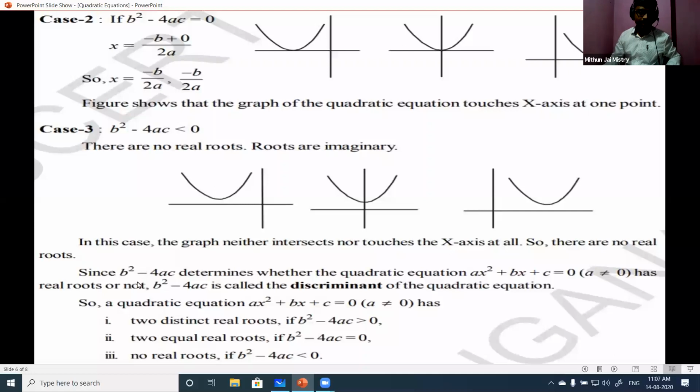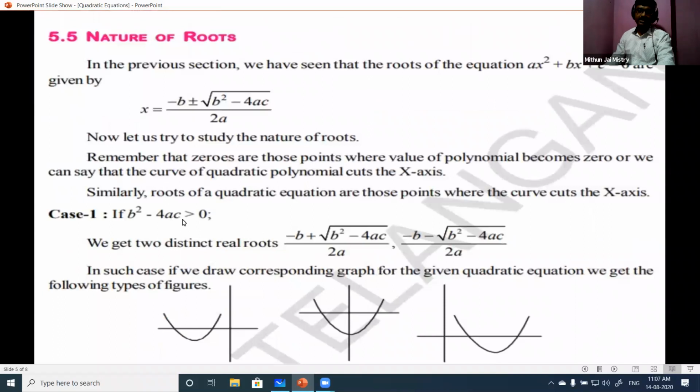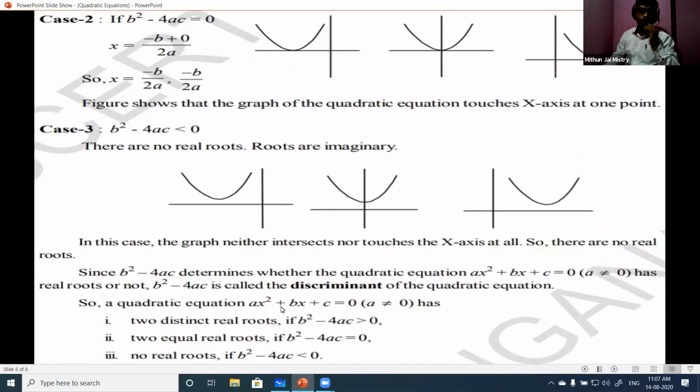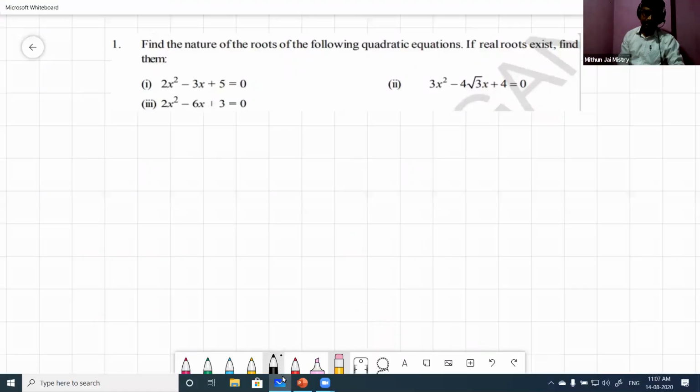Am I clear to you? Depending on whether the value is greater than 0, equal to 0, or less than 0, the graph discriminates. That's why b square minus 4ac is called the discriminant of the quadratic equation.